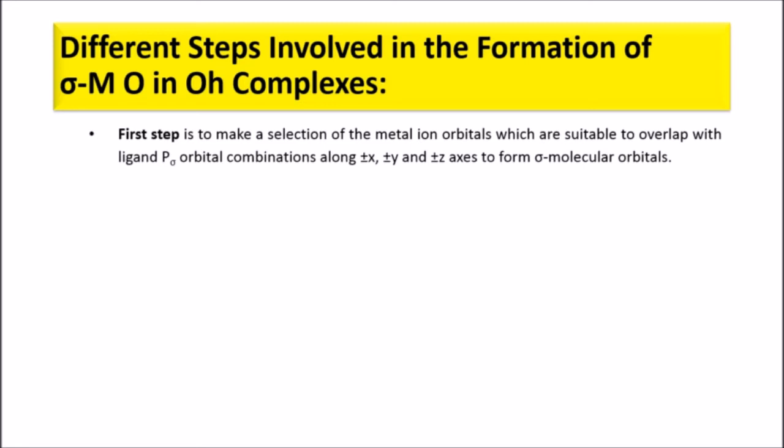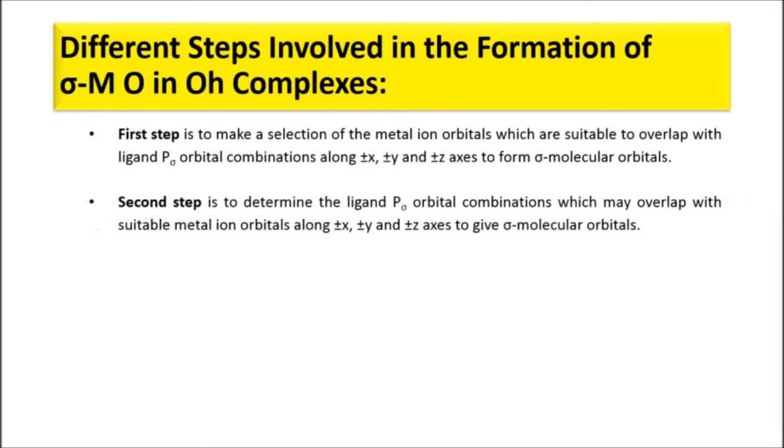Here the first step is to make a selection of the metal ion orbitals which are suitable to overlap with ligand p sigma orbital combinations along plus or minus x-axis, plus or minus y-axis, and plus or minus z-axis to form sigma molecular orbitals. In the previous presentation, we studied that the second step is to form LGOs.